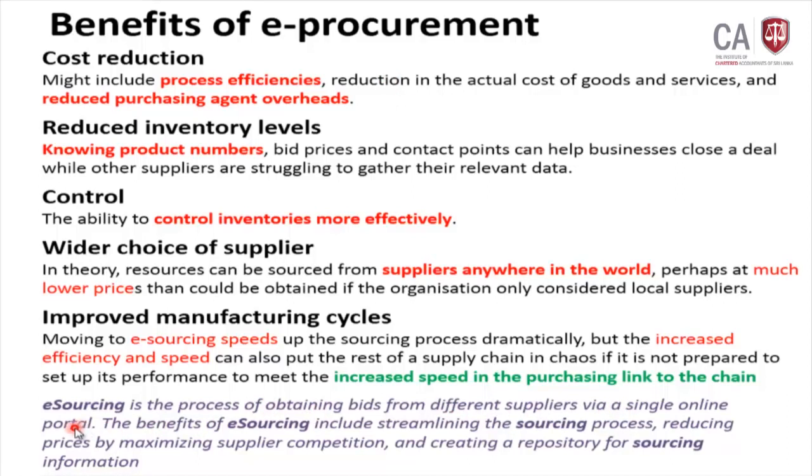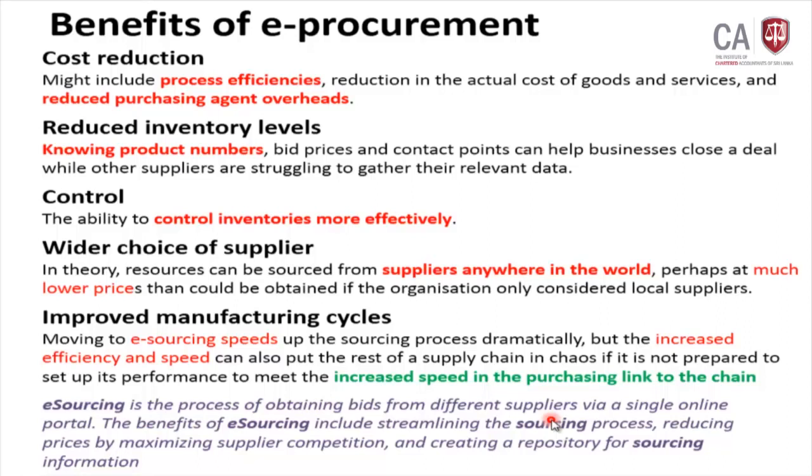What is e-sourcing? E-sourcing is the process of obtaining bids from different suppliers via a single online portal. The benefits of e-sourcing include streamlining the sourcing process. In e-sourcing, different suppliers can bid on the website, from a single portal.